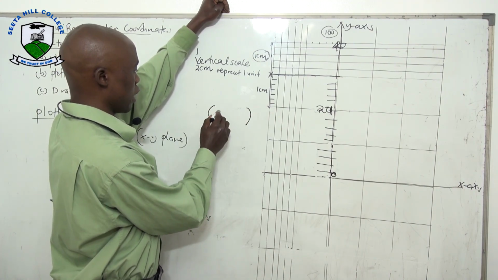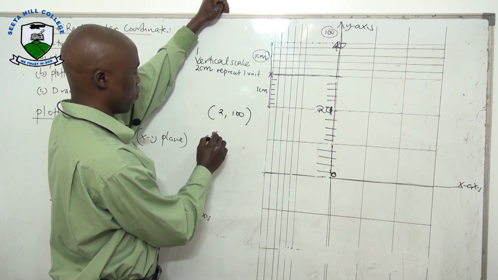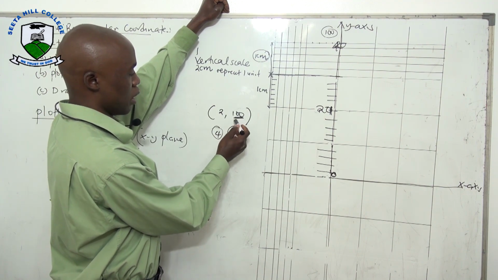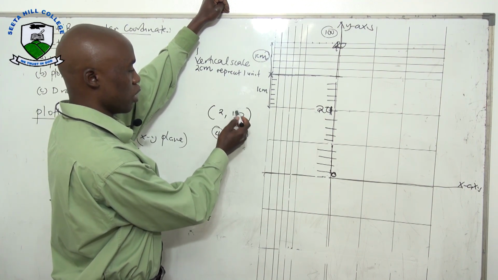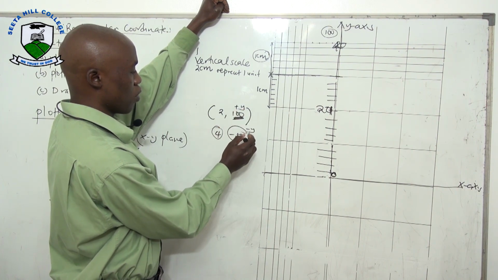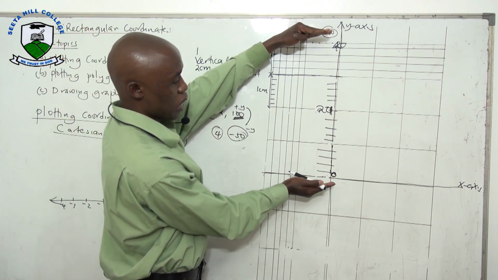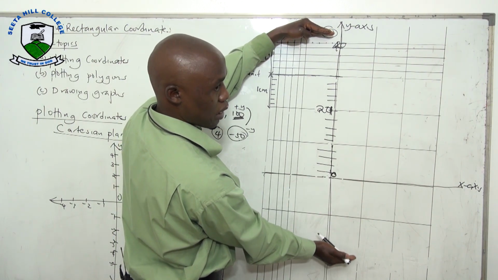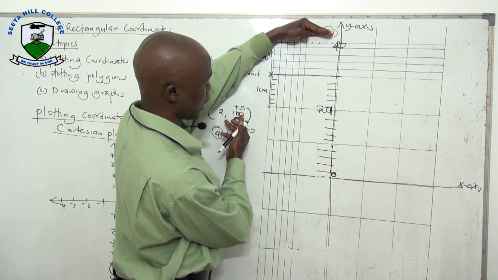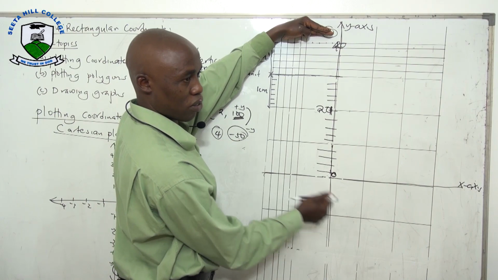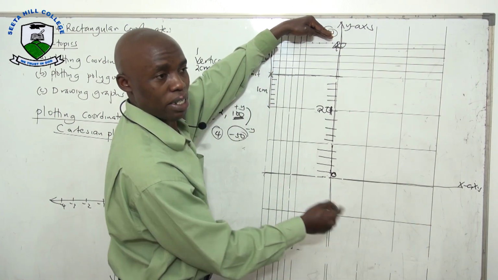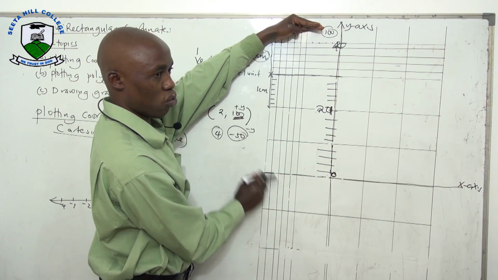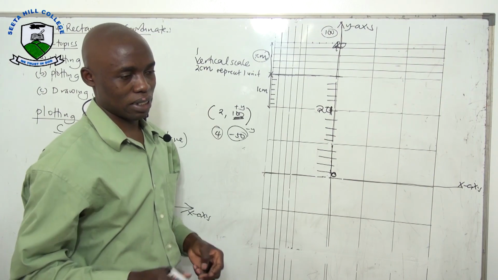If you are plotting 2 with 100 and 4 with negative 50, you see that you have very many positive y values than negative y values. Where you place the x-axis, you will have to leave enough space up than down. That means learn how to place the x-axis with respect to how many values you are going to include for each axis.